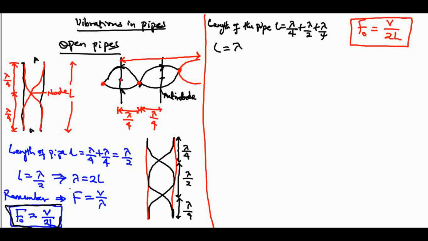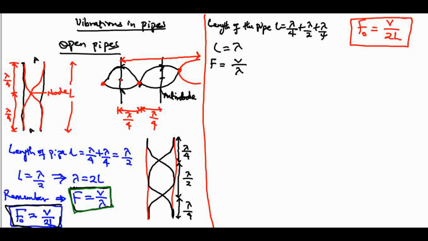If we put it into the equation in the green box, we'll have that F is equal to V over lambda. And it's as though nothing changed.